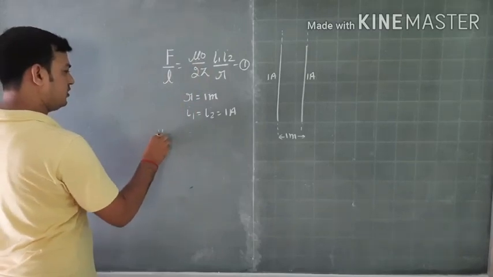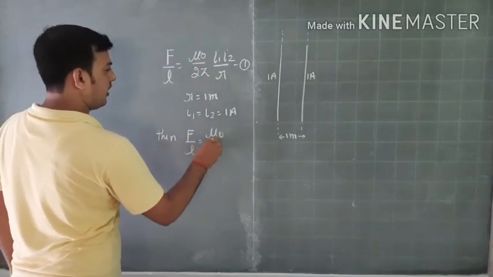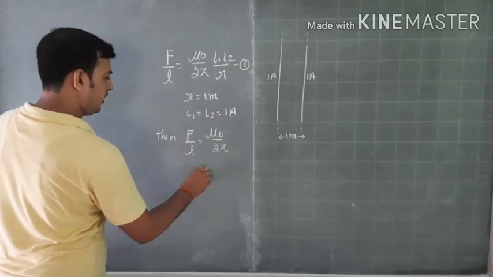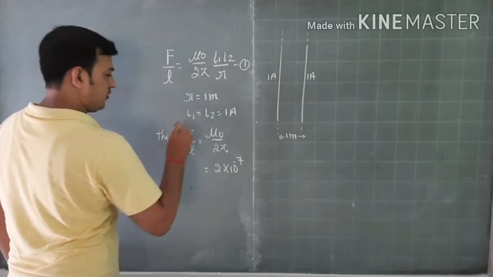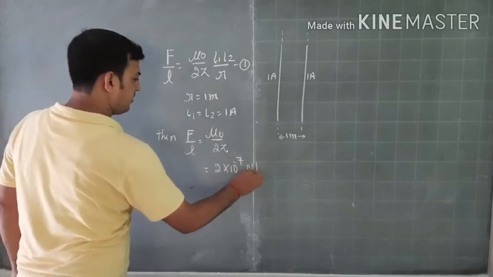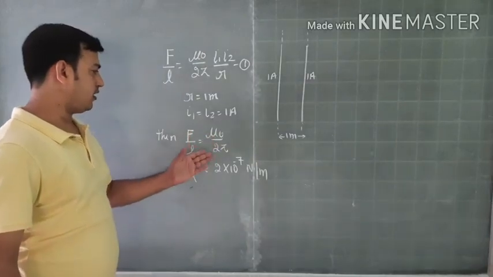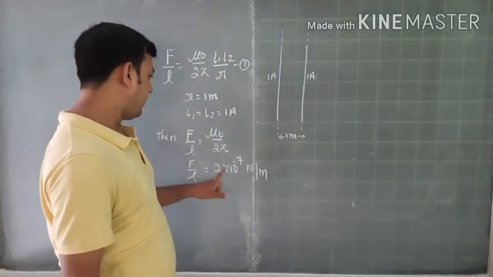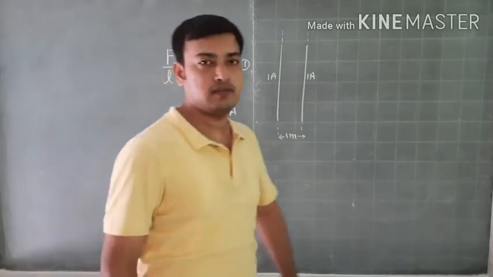If I use these values here, I will get force per unit length as mu naught by 2 pi, and we know that the value of this is going to be 2 into 10 raised to power minus 7 Newton per meter, because the value of mu naught by 4 pi is 10 raised to power minus 7, so this is going to be 2 into 10 raised to power minus 7.